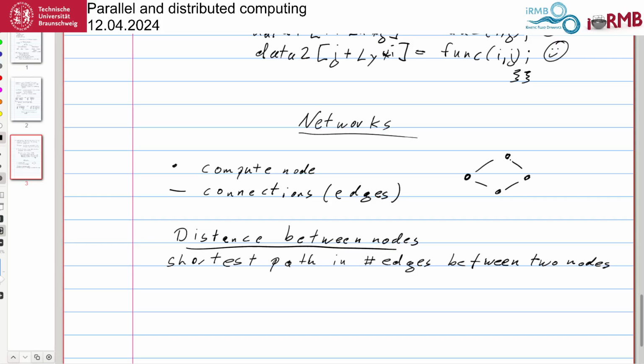So it's the shortest path in number of edges. I will now frequently use this hash operator, meaning that this is the number of things. So then we have the degree of a network.